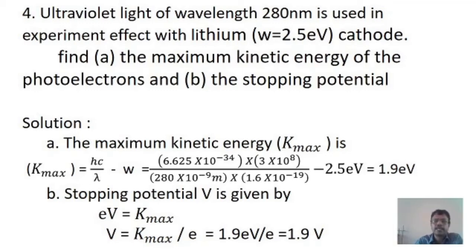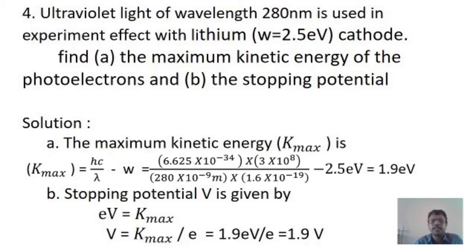That is, kinetic energy maximum is equal to hc by lambda minus W. Substitute hc by lambda: 6.625 into 10 power minus 34, 3 into 10 power 8, divided by 280 into 10 power minus 9 into 1.6 into 10 power minus 19, minus 2.5 electron volt. The answer is 1.9 electron volt. Stopping potential: eV is equal to kinetic energy maximum.